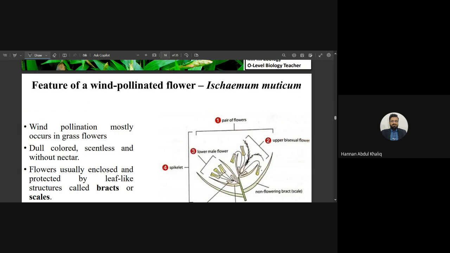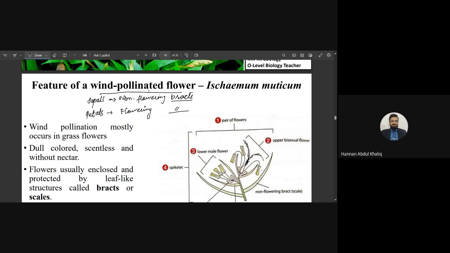the wind pollinated flowers, their sepals and petals are not named as sepals and petals. Instead, the sepals are called non-flowering bracts, and the petals are called flowering bracts.